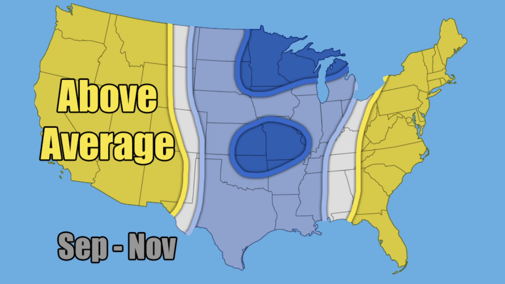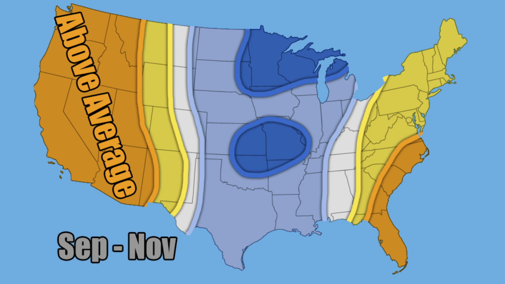If you're just in this yellow region, this is not going to be too noticeable, but once you get into this orange region for the southeast coast, as well as for parts of the areas west of the Rockies, that's where I'm expecting some moderately above average temperatures, and this is where it's going to be a lot more noticeable. It will be about 4 to 5 degrees above average for the entire fall, which again, I'm using meteorological fall, which goes from September 1st to November 30th.